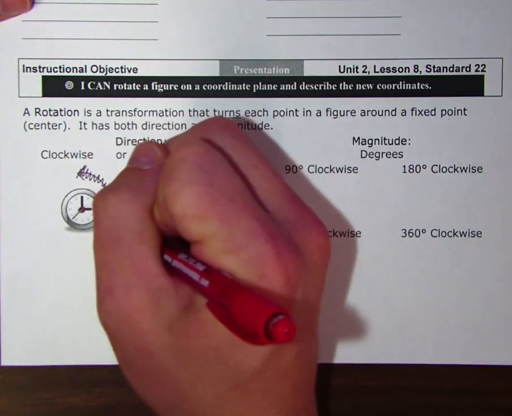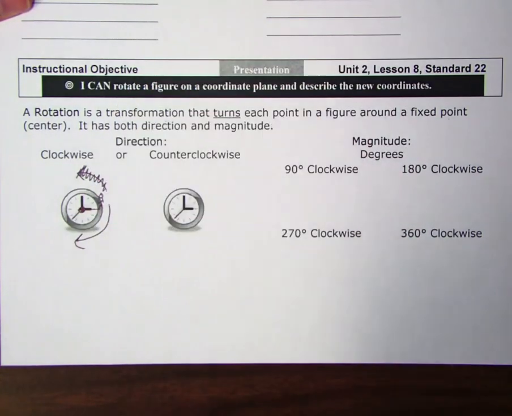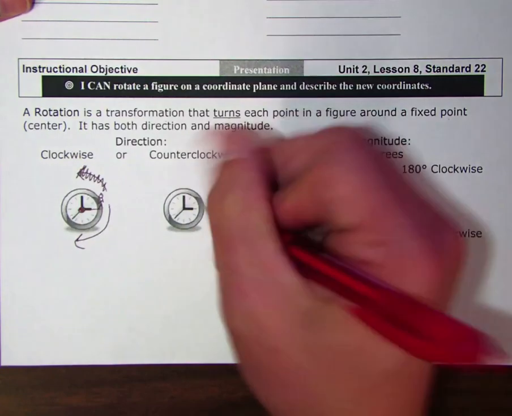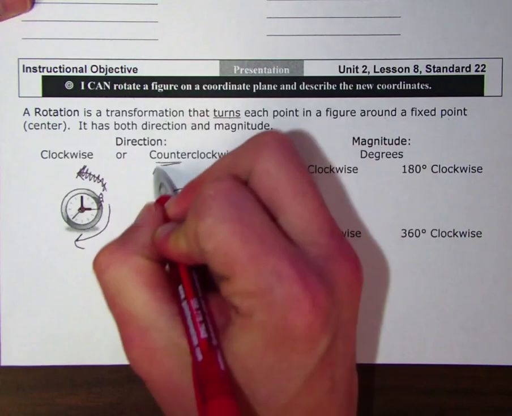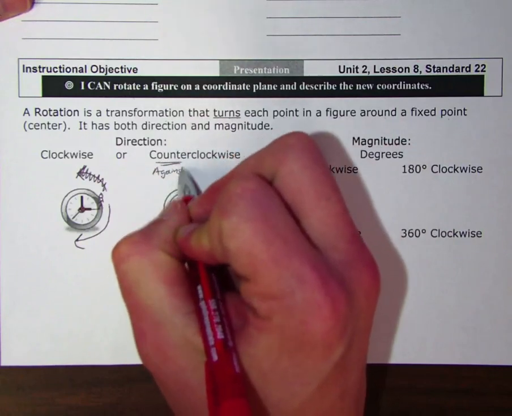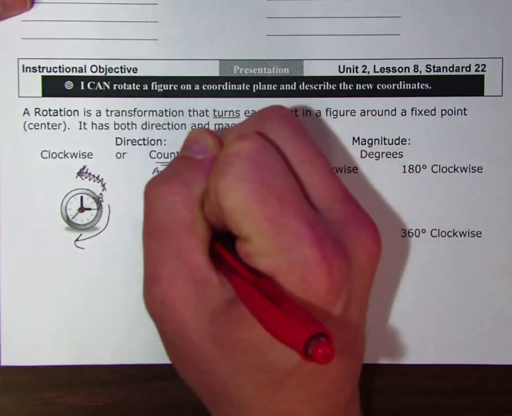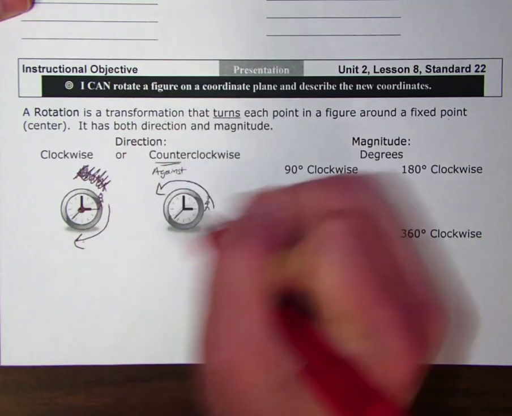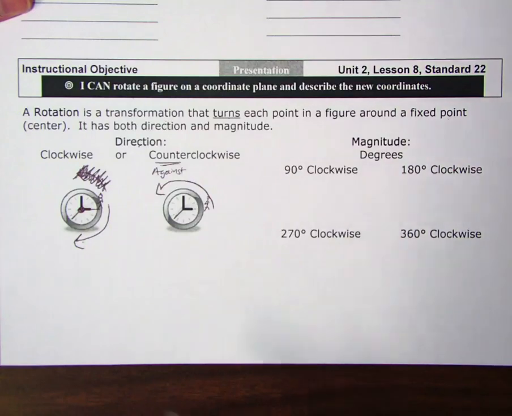Forgive me. Let's say I want to rotate this direction. Much better, because that is an example of how clocks go, or clockwise. Imagine I'm standing here again, but now I want to go counter. Counter means against. So against the way clocks normally go would be to go this direction. So clockwise and counterclockwise are the two directions we're going to use when we're rotating.